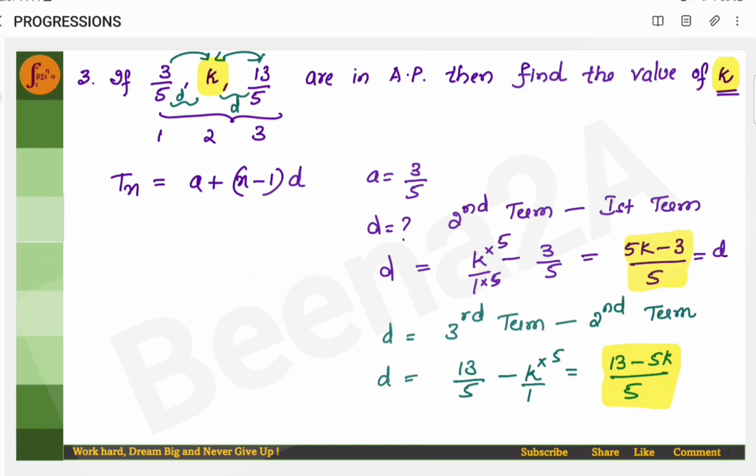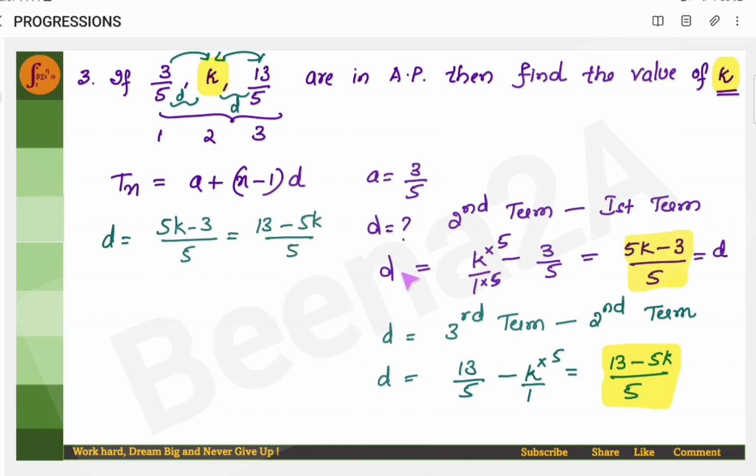Here also D is equal to this value, and here also D is equal to this value. So the left hand side is the same. What is the left hand side? D. Now the difference is the same. That means we can say (5k minus 3) by 5 is equal to (13 minus 5k) by 5.